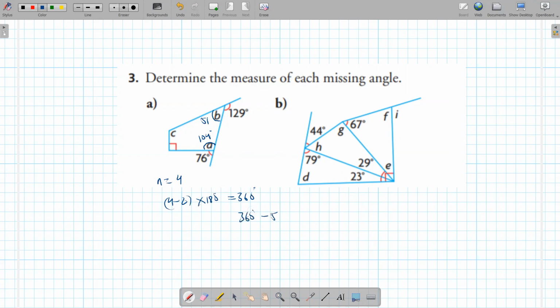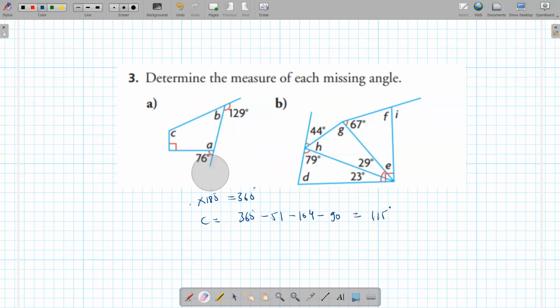So we have 51, 104, and what is this? 90. Yeah, exactly. That's a symbol for right angle. Okay, that's 90 degrees. So what does that give us? 360 minus 51 minus 104 minus 90. The answer to that is 115. And that's done.